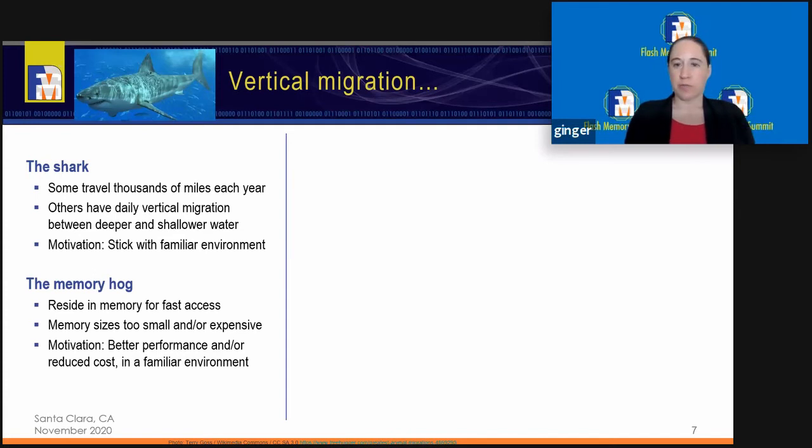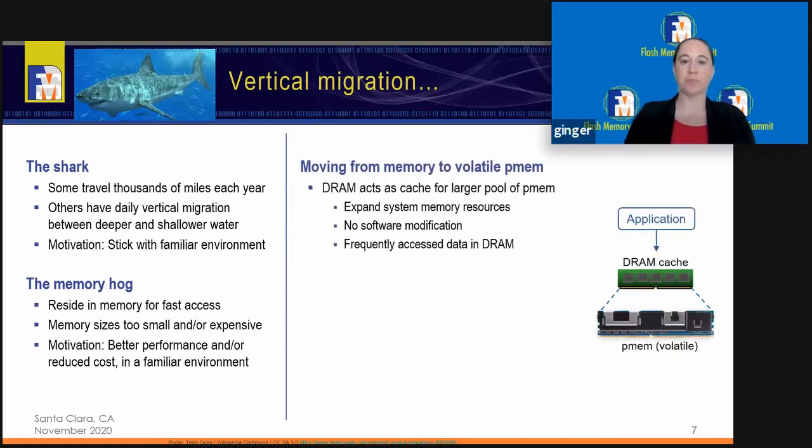So the motivation for this data structure to move would be to get better performance and/or reduced cost, but still retain that familiar environment. You're not making a huge leap. You're still able to program the same way you've been doing, but just getting an extra larger capacity.